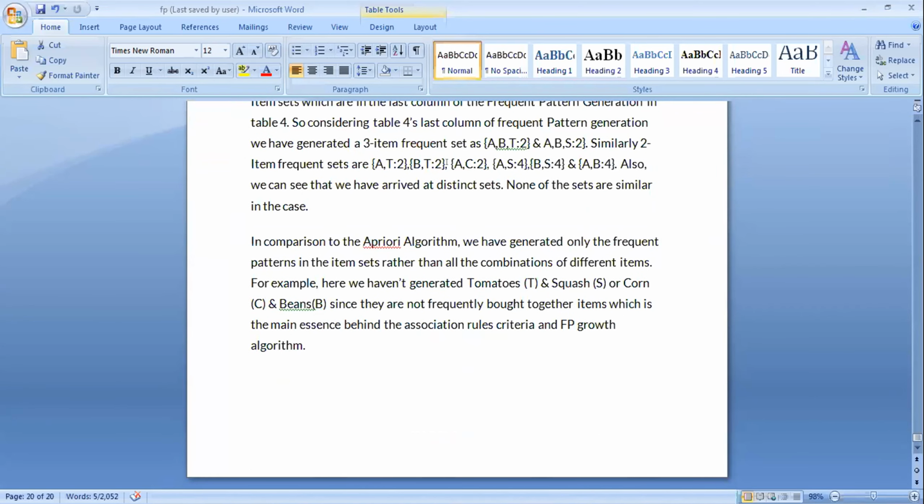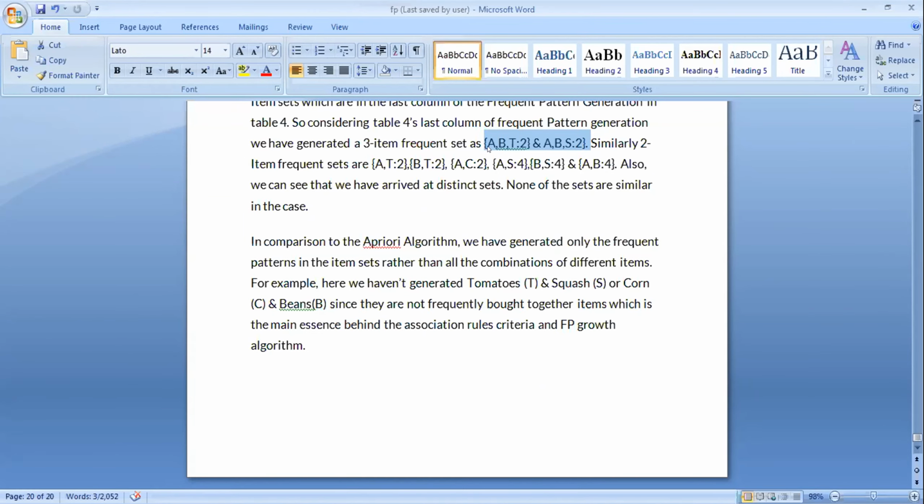With these 3-item frequent item sets, we represent them here. ABT is 2 times, ABS is 2 times. That is the 3-item sets. Similarly, 2-item frequent sets, AT is 2.